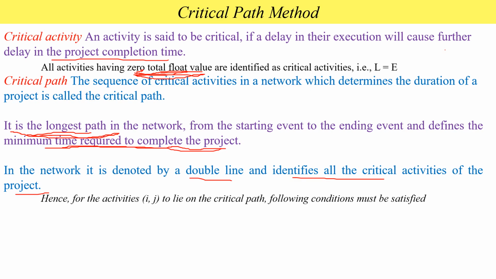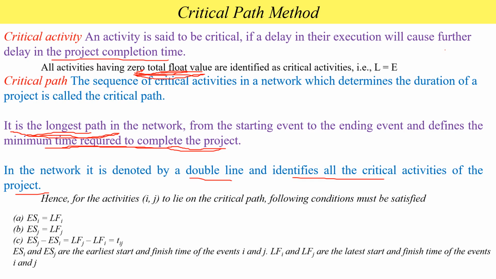Hence, for all the activities to lie on the critical path, the following conditions must be satisfied. First, ES of I equals LS of I. Second, ES of J equals LF of J. Similarly, ES of J minus ES of I equals LS of J minus LS of I equals Tij, for activities which lie on the critical path.